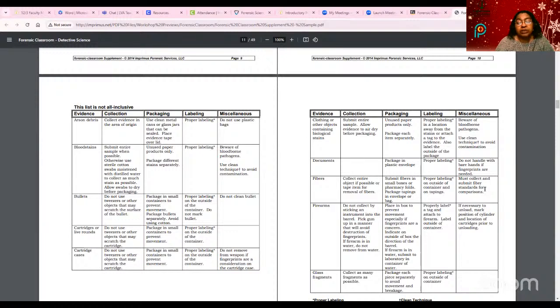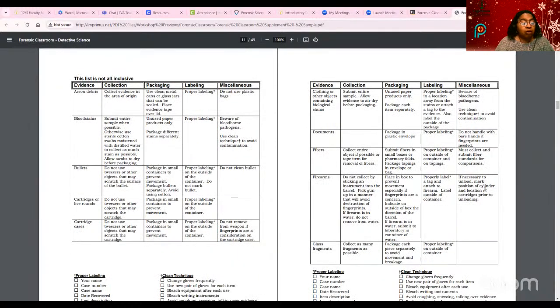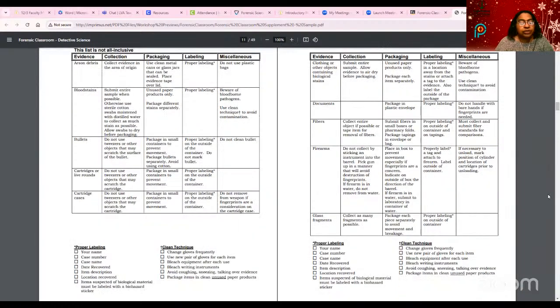So this is just a list of all of the things that a report might have. You don't have one of these, but I think earlier I sent a sample of what the crime scene report would look like, and proper labeling and clean techniques, firearms, how to handle them and package them and label them.